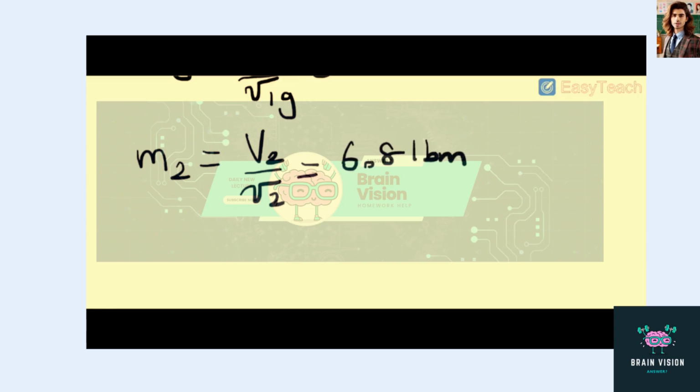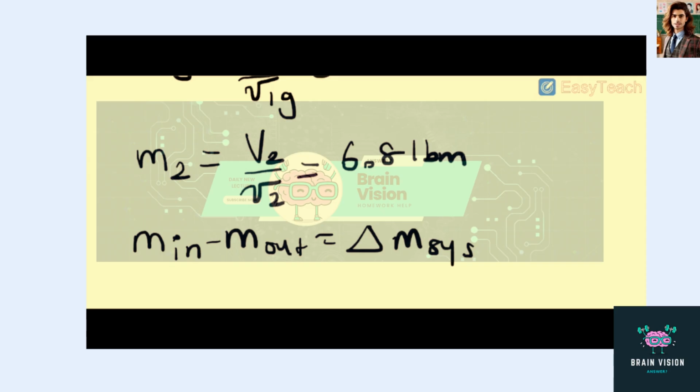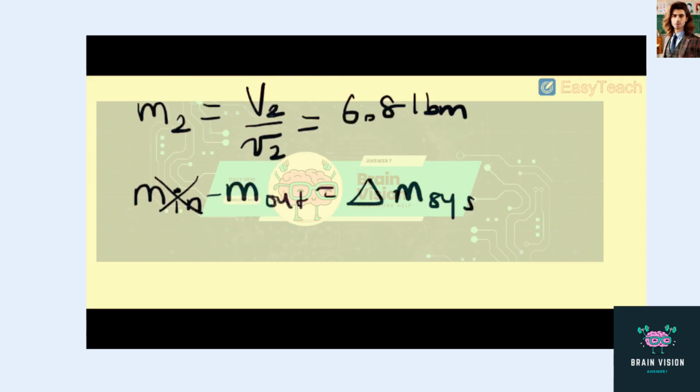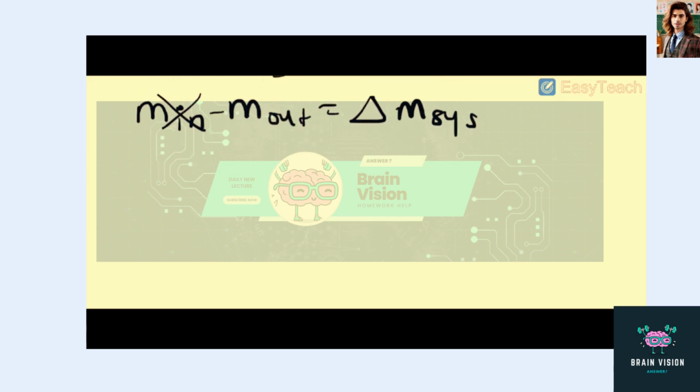Now, if we do a mass balance, we'll see that the mass going into the system minus the mass leaving the system is equal to the change in mass of the system. Now our system is defined as the tank, and there's actually no mass that's coming in, so M in is 0. So all we have is that the mass leaving the system is related to the change in mass of the system.